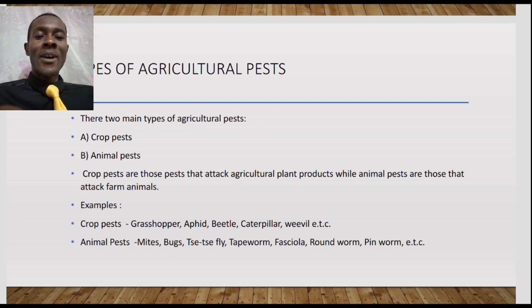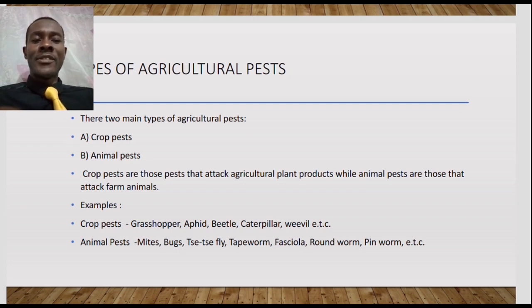Examples of crop pests include grasshopper, aphid, beetle, caterpillar, weevil, and so many other types. Then examples of animal pests include mites, bugs, tsetse fly, tapeworm, fasciola, the popular one we call flukes.